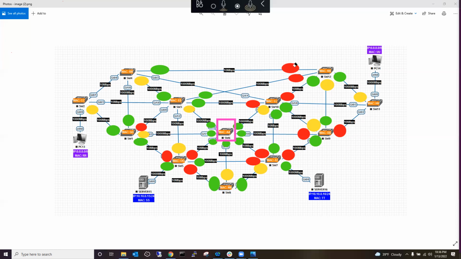Switch 12's root port would be the one that's blocked off with the 100 megabits. That one should be yellow. It's going to be green, right? Is it designated? No, it's the root port. You don't have a root on there, so yeah. Yep, exactly.